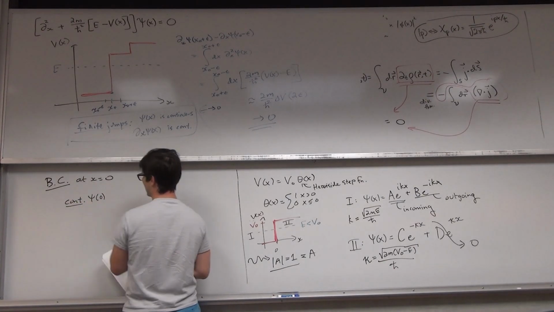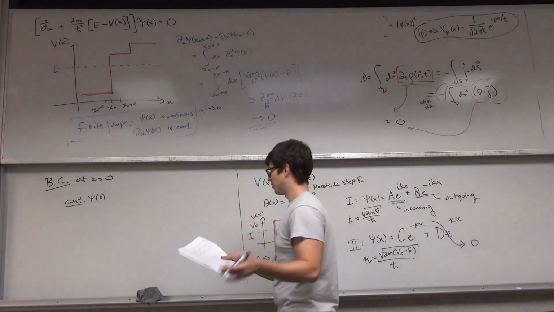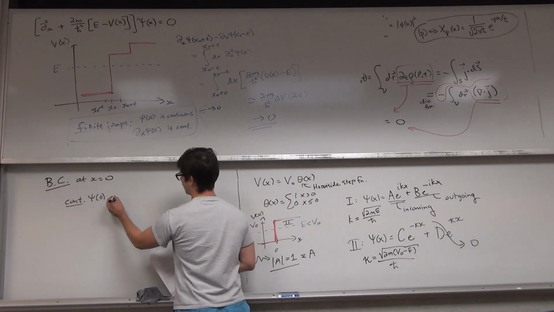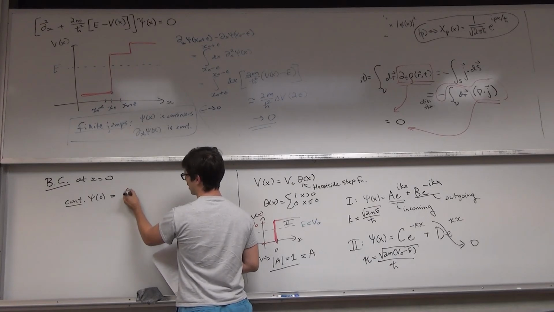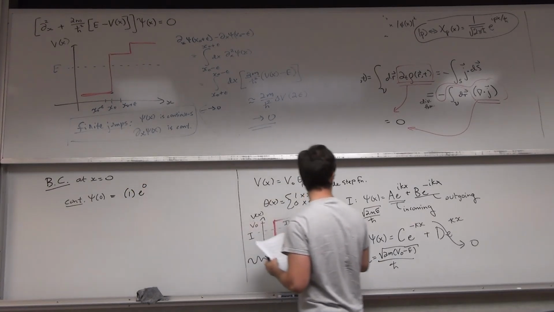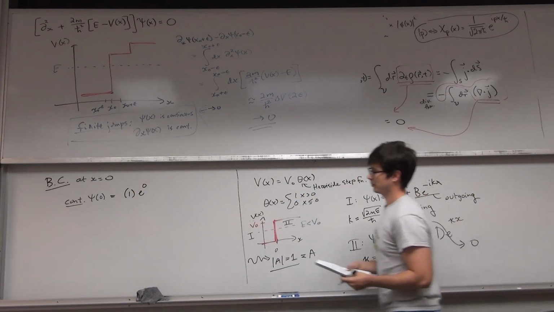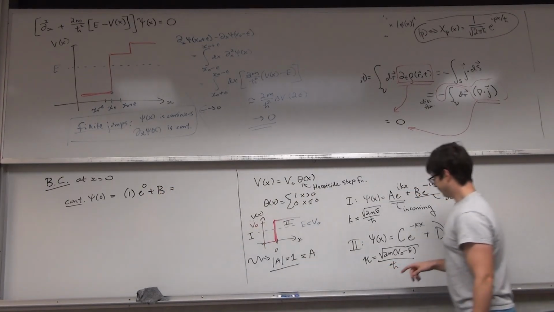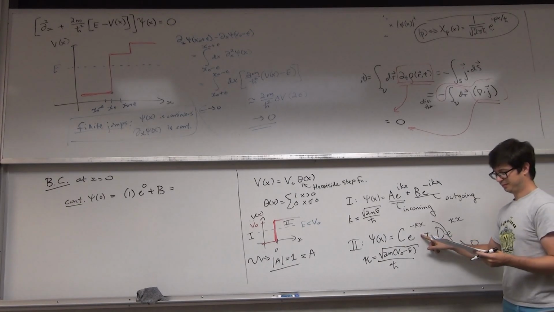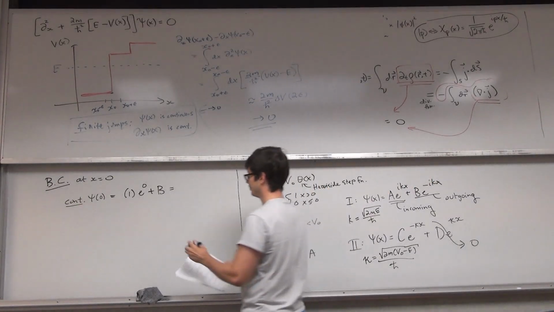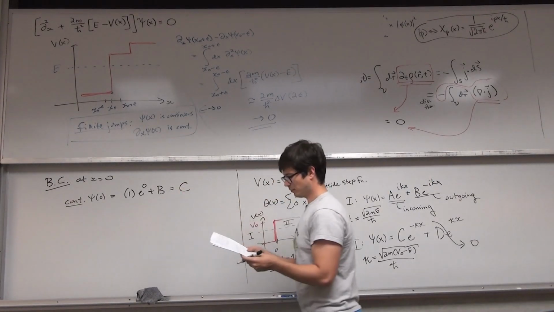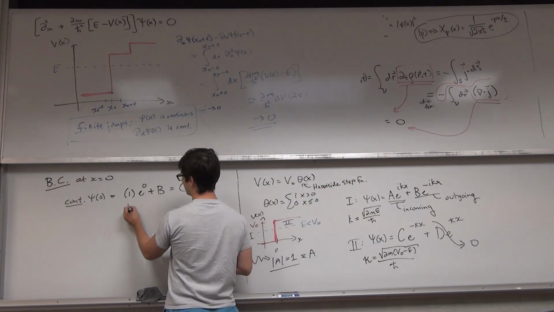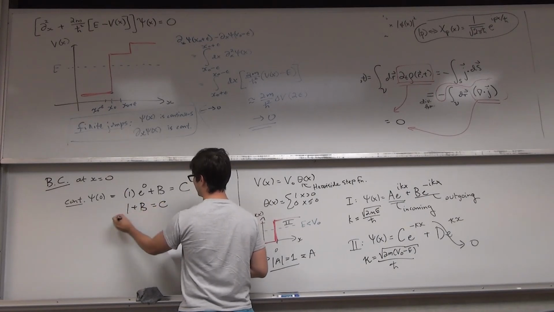So psi of 0 has to be continuous. That means psi of 0 from over here, which is, with A equal to 1, e to the 0 plus B, has to equal this guy, which is C. So we have 1 plus B is equal to C.